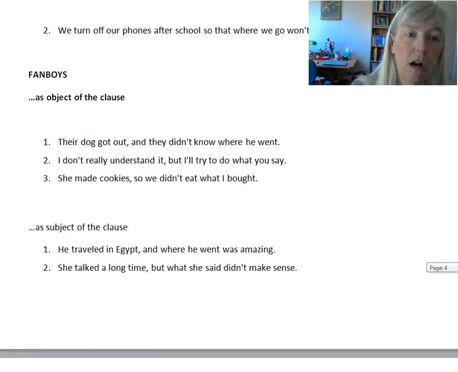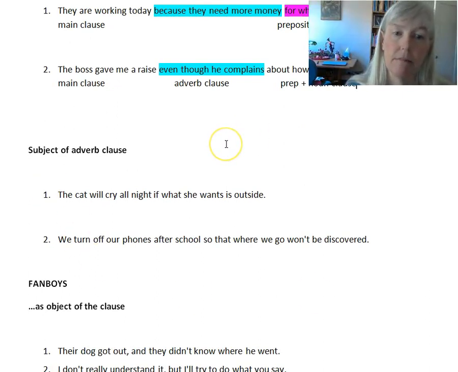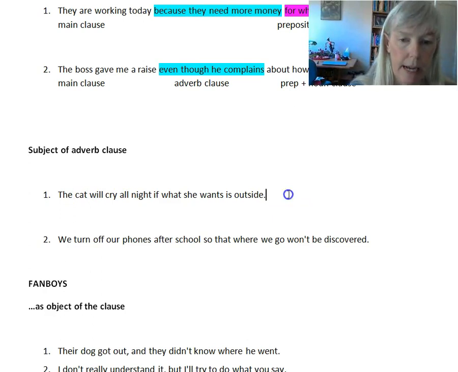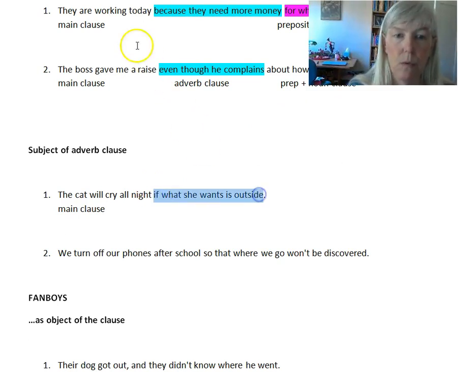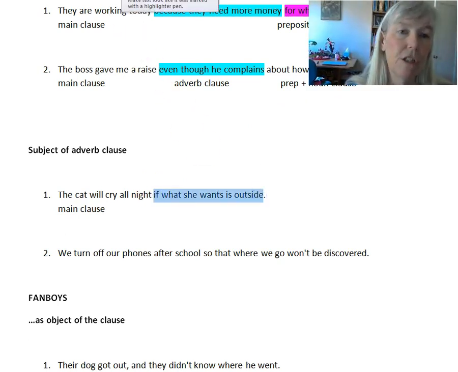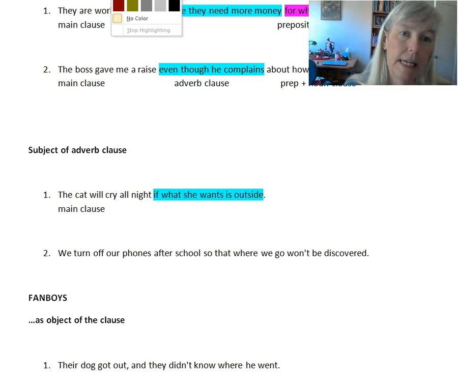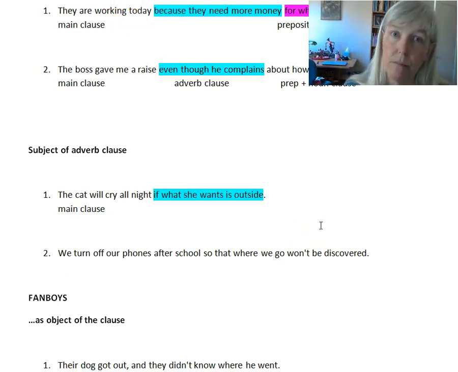The noun clause can be the subject of an adverb clause. The cat will cry all night is the main clause. If what she wants is outside. If what she wants is outside is the adverb clause, right?